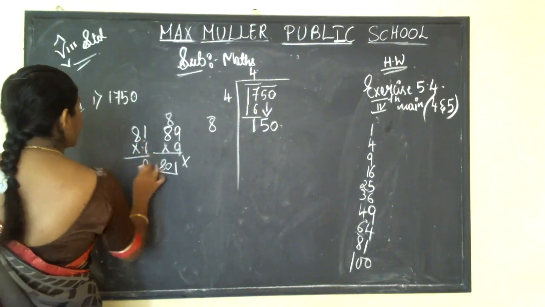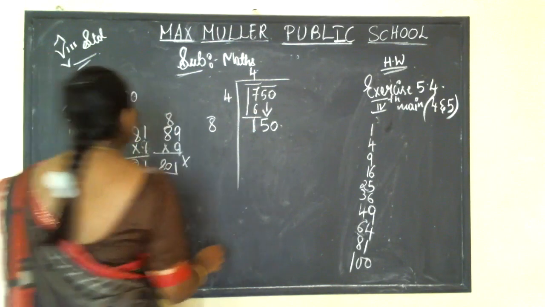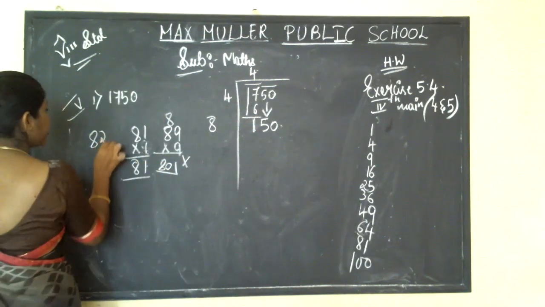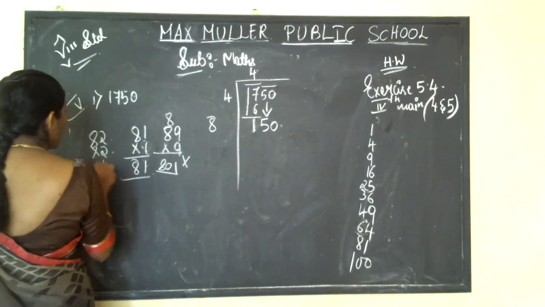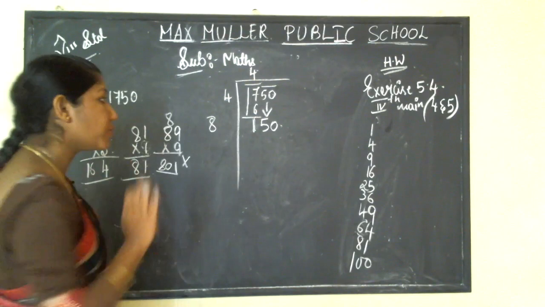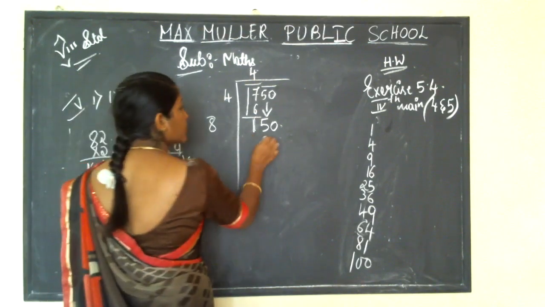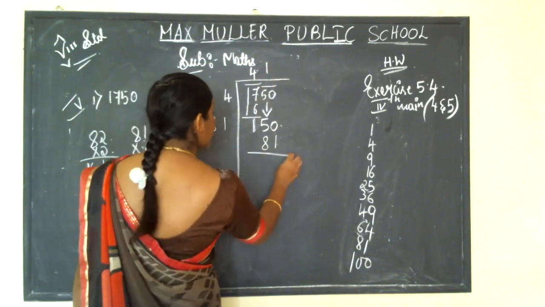So here 1 ones are 1, 1 8s are 8. So the nearer next, we will go for 82. So 2, if you do, 2 2s are 4, 2 8s are 16, 164 it becomes. No, 164 is also a greater number, so you have to go for 81. 81 into 1, it is 81.